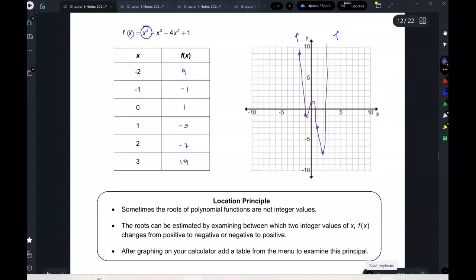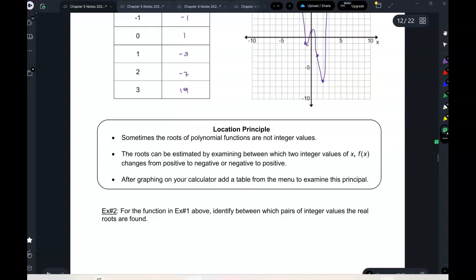So some points along with the end behavior gives us a really good idea. Now you're probably going to ask, how high or how low do I make this maximum or minimum? You really don't, okay? But we do know that it has to turn around in order to get to the other point, turn around to get to the other point, and so on, okay?